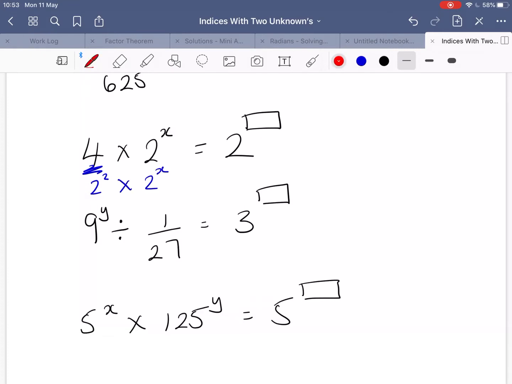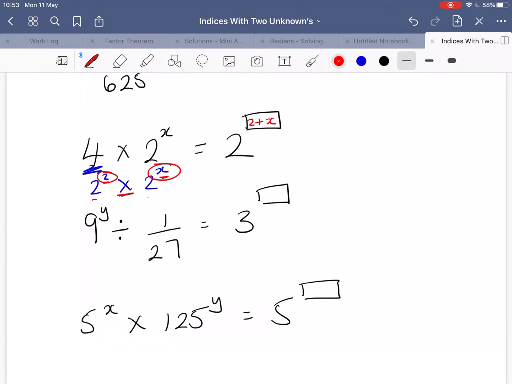Now, what do I do with indices when I'm multiplying two things, provided the base is the same? Well, we add the indices. So that actually becomes 2 to the power of 2 plus x, because I add my indices when I am multiplying.